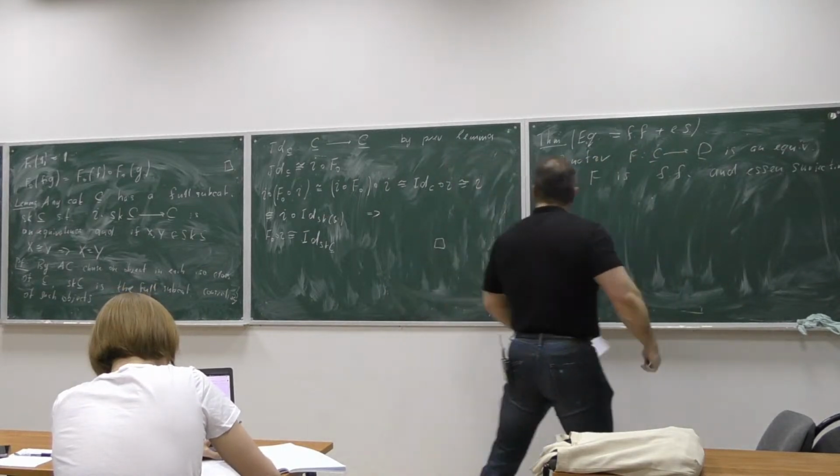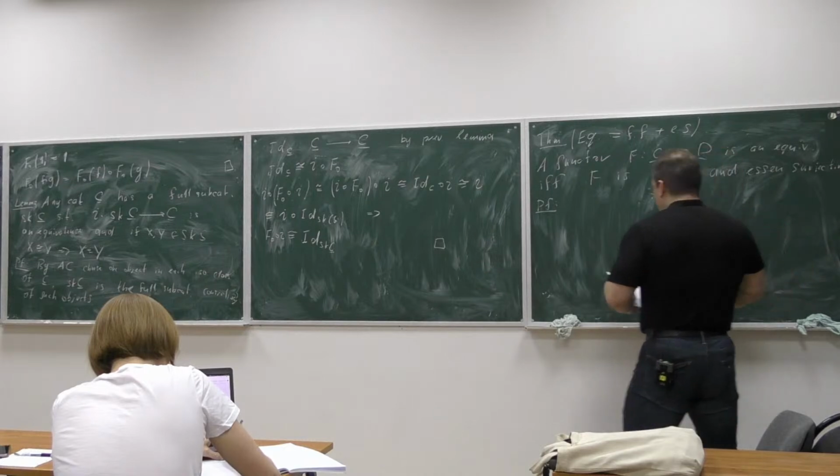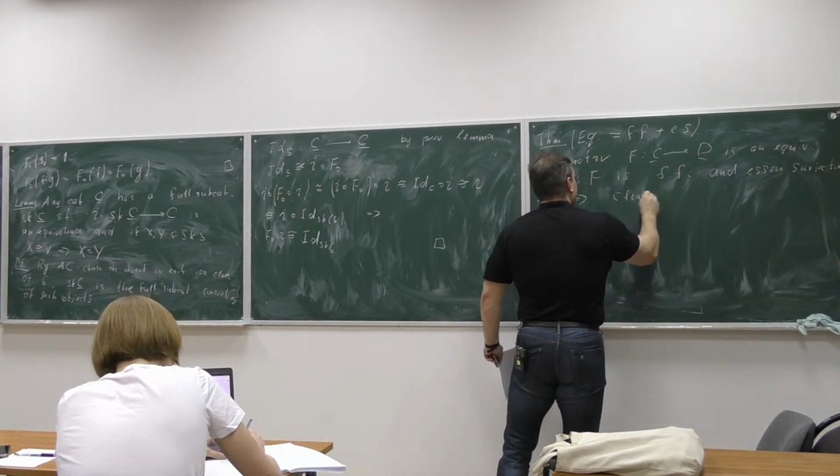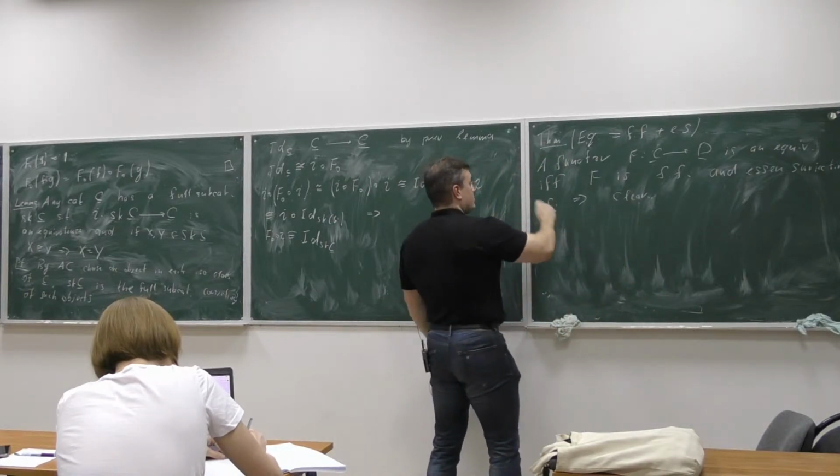So now with the help of the previous lemma, the proof is completely trivial. Of course in one direction this is clear. If you have an equivalence, these two properties are clear.